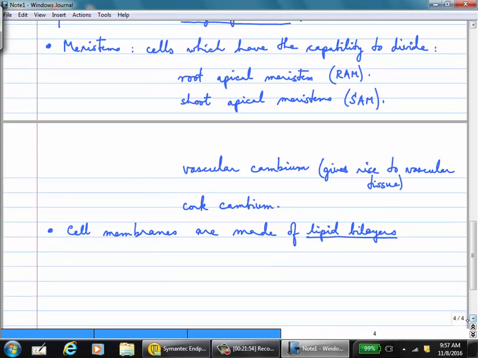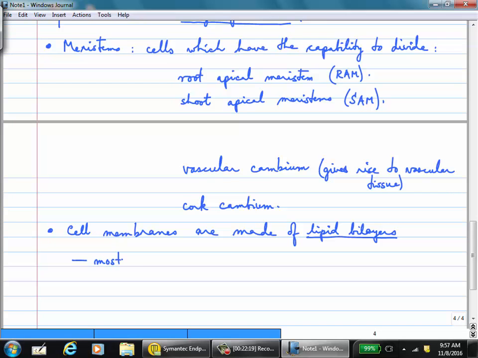The lipid bilayer means there's going to be a lipid with a hydrophilic head and two hydrophobic tails. You remember how that comes about. In the case of most of the cell membranes, it's usually what kind of lipids? You may not know that. Phospholipids. Most of them it is phospholipids, where there's a phosphate on the head. So most membranes are made of phospholipids.